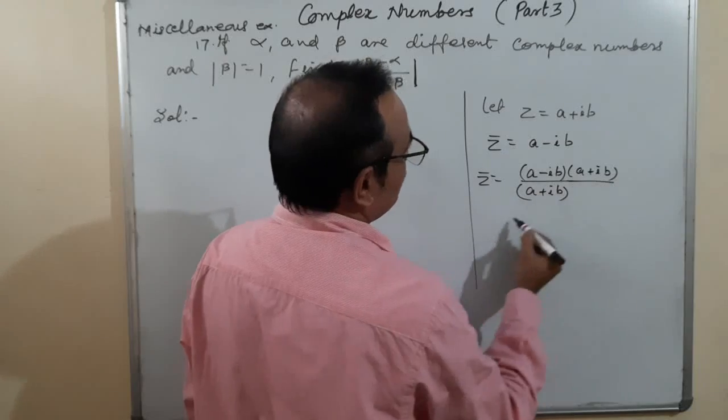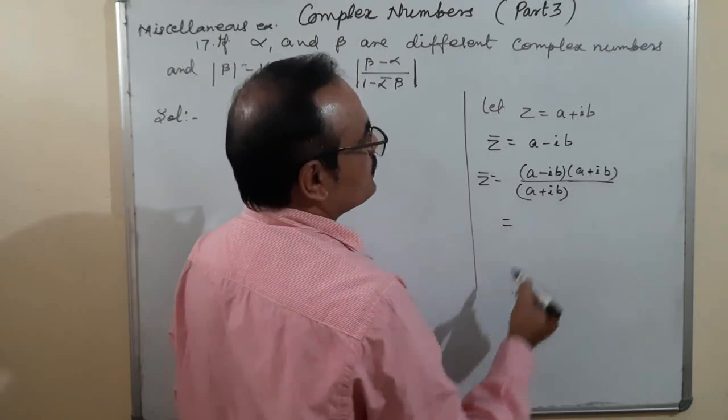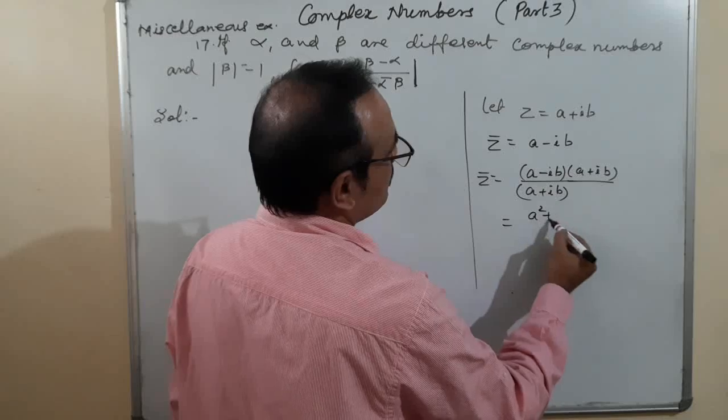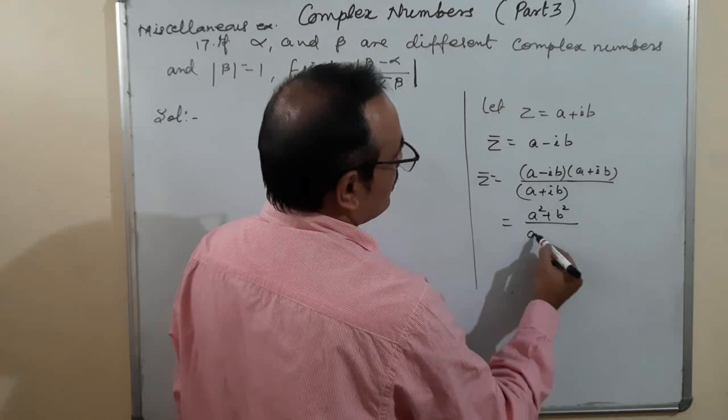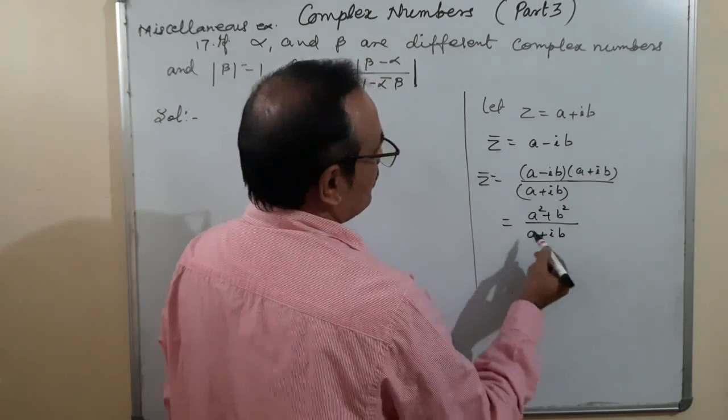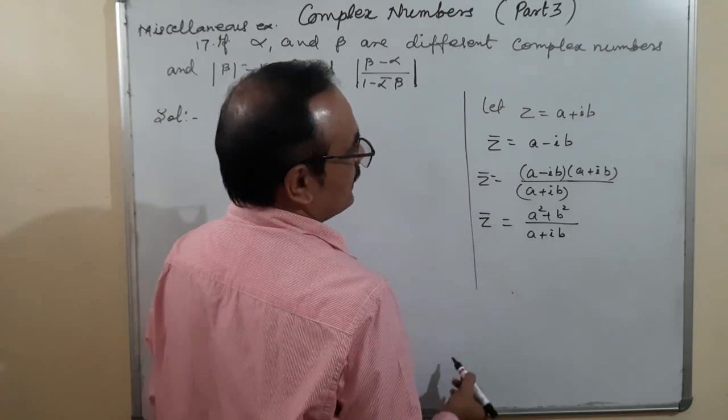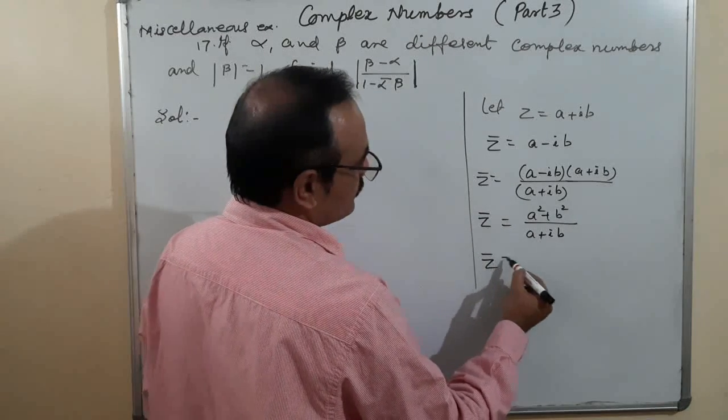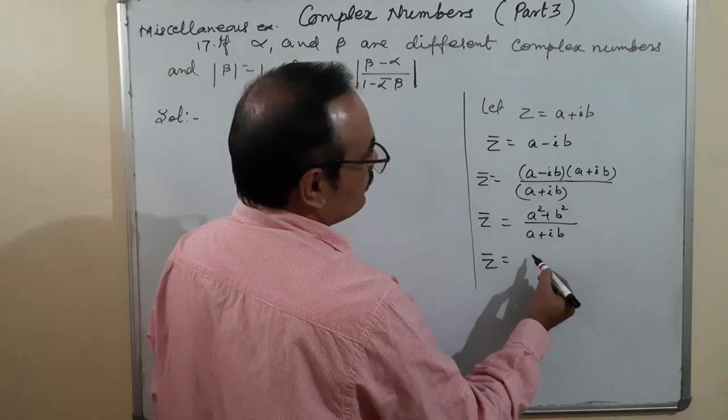Then what is the result we get? (a − ib)(a + ib) is a² − (ib)², that means a² + b², upon a + ib. What is it? It is the conjugate of z.